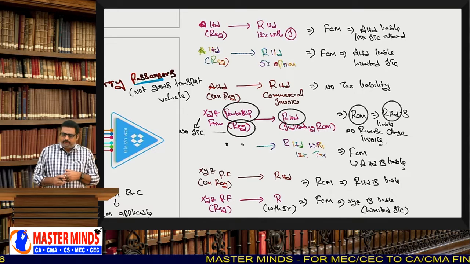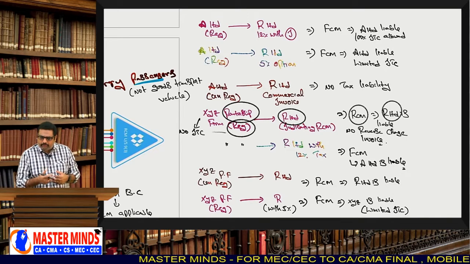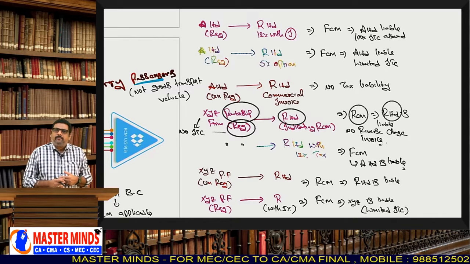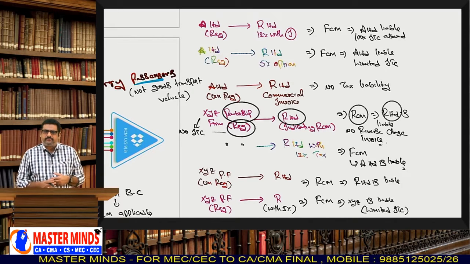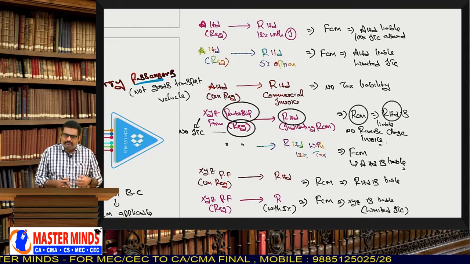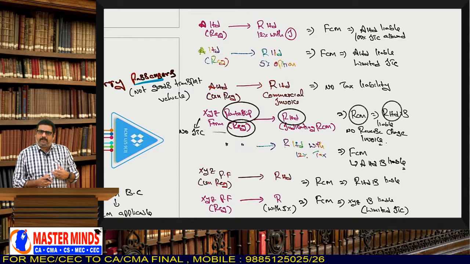Sir, is there any need to issue a reverse charge invoice in this particular case? What is meant by reverse charge invoice? In order to claim the ITC, there must be documentary evidence. Without any documentary evidence, we cannot claim the ITC.